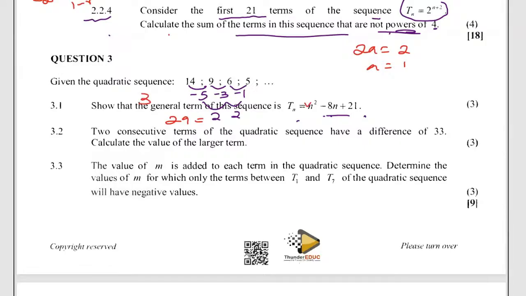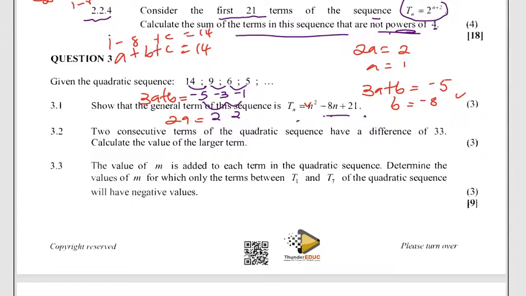And then our 3a plus b should be equated to the -5. And so 3a plus b is -5. But then if our a is 1, we move it outside, meaning that the b is going to be -8. So if b is -8, then we know that a plus b plus c must be equivalent to the first term, which is 14. Now our a is 1, our b is -8, plus c should give us 14.